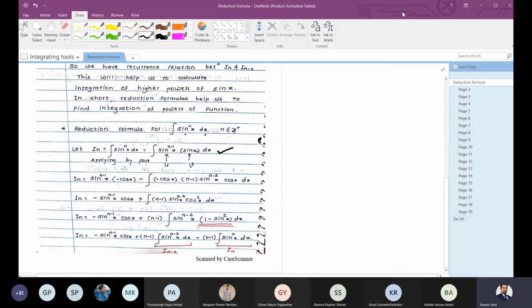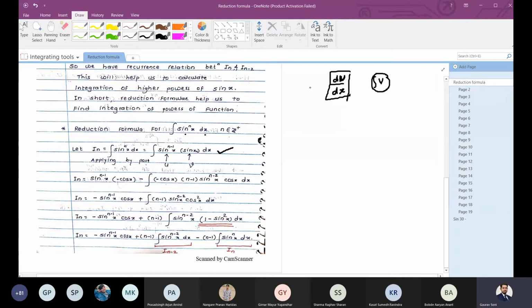Okay. Fine. The logic I want to give is that u and v differ actually only by this. You take the derivative of u and you have integration of v, right? These things are there when you are using the uv rule for integration.